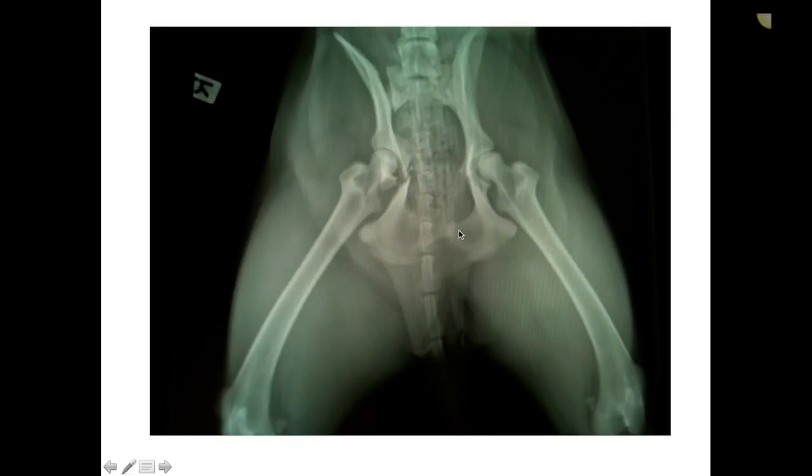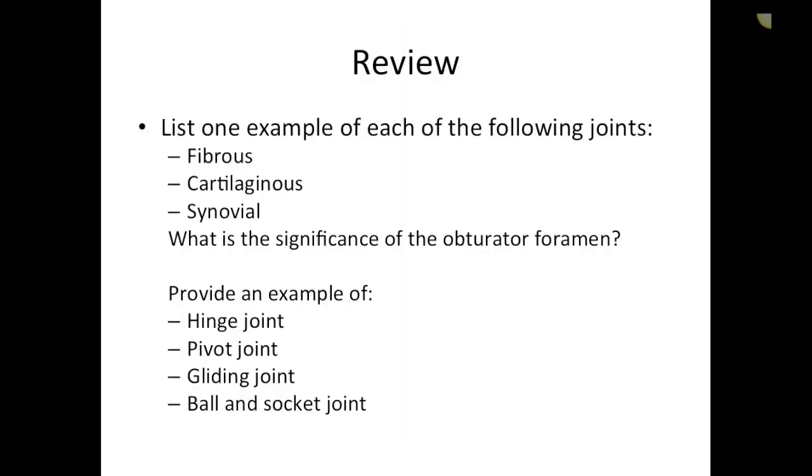You can see the pubic symphysis is all shifted. So again, you need to know that when you take an x-ray, you can look at it and say, yeah, we took it, we got what we need, show it to the vet, feeling proud, knowing that you can see the anatomy, knowing which anatomy you needed to get in that radiograph. And then, of course, being able to look at this and clearly see that there's something wrong, that something major is going on, and handle the animal appropriately.